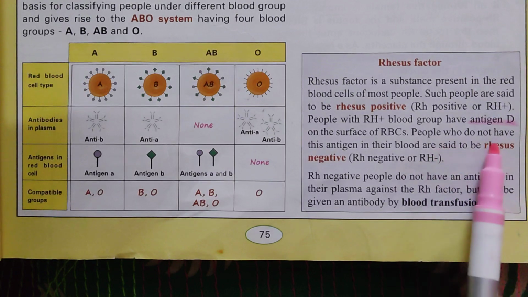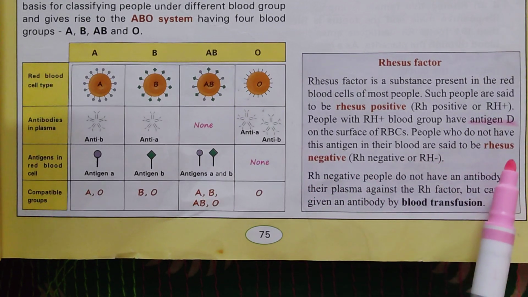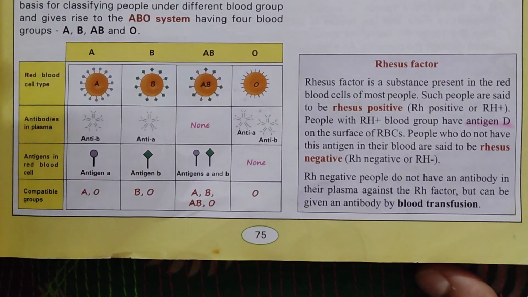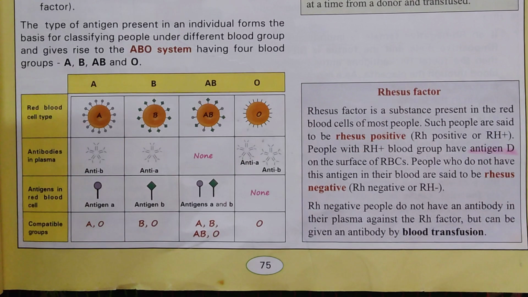Now, people who do not have this antigen in their blood are said to be rhesus negative. Those who do not have this antigen D are RH negative, meaning they do not have any antigen D. So they do not have any positiveness towards the rhesus factor. So they are rhesus negative and hence their blood group will be negative.